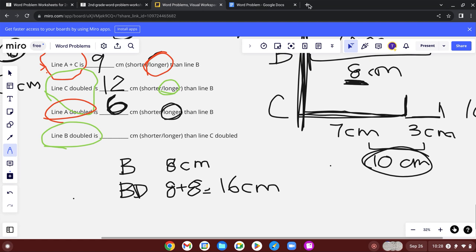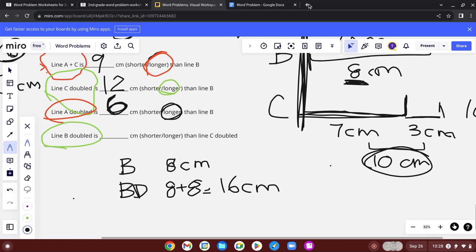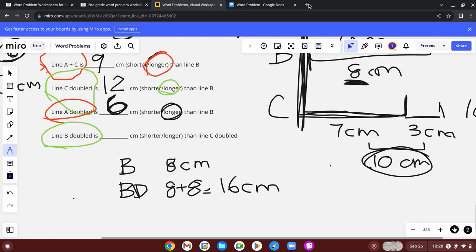So line B double is longer or shorter than line C double? Do you know what line C double is? Yes. What is C double?